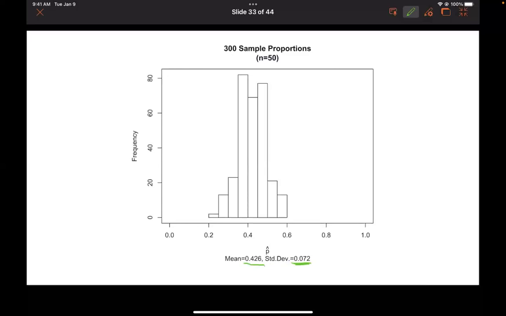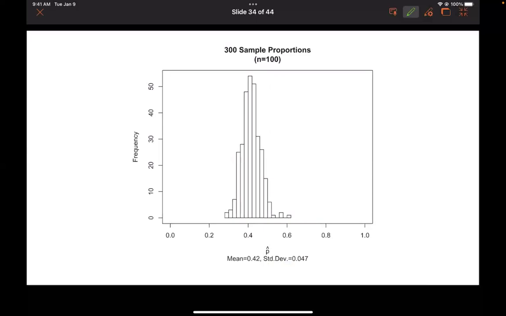I'm going to do one more, sample size of 100. Look at how small my standard deviation is, and take a look at my mean. This is exactly what the proportion was in the original problem. And my standard deviation is super small, 0.047.